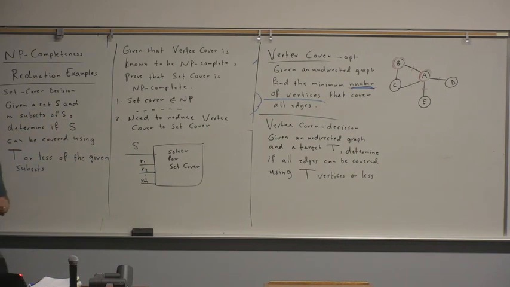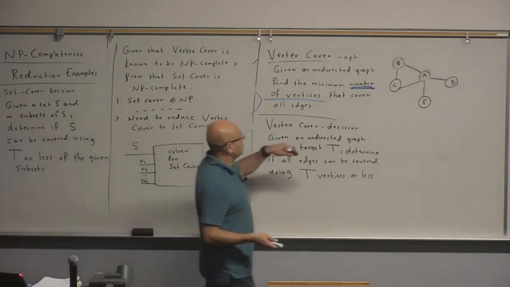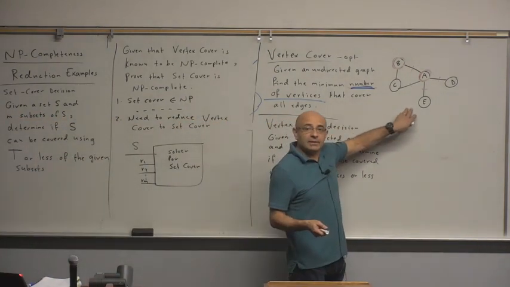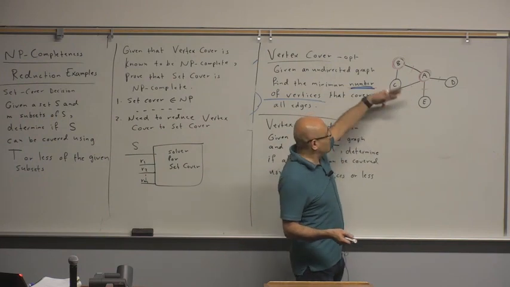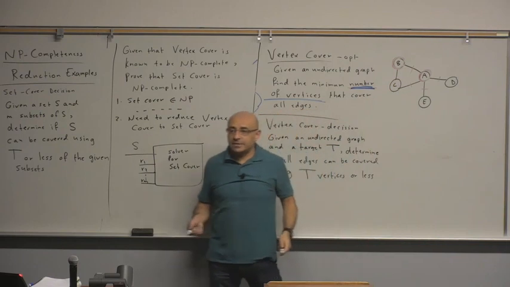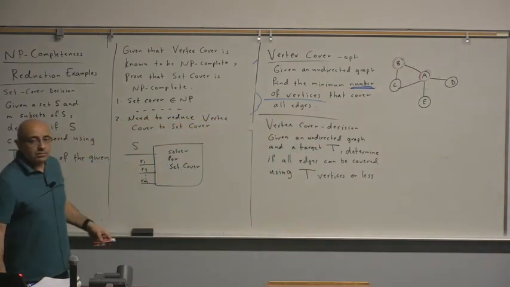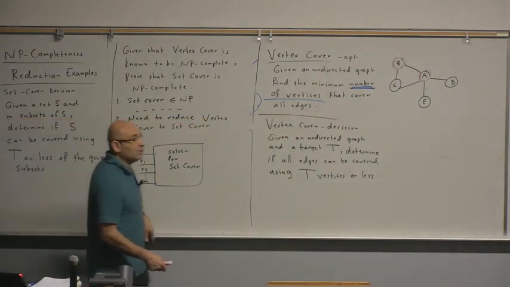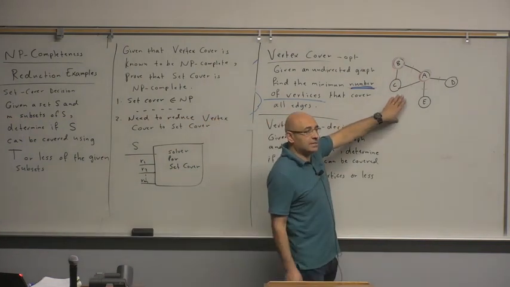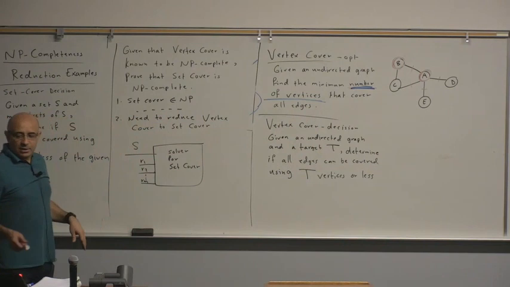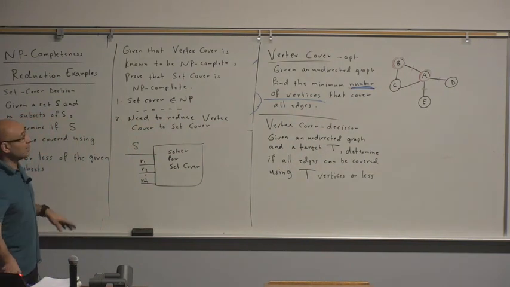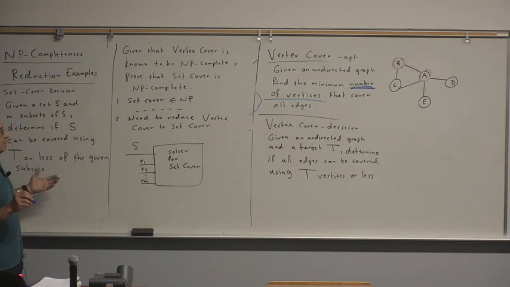So now, how can you reduce vertex cover to set cover? I give you a solver for set cover, and you have a vertex cover instance. How can you transform any vertex cover instance into a set cover instance? So think about what covers what. What is being covered and by what?